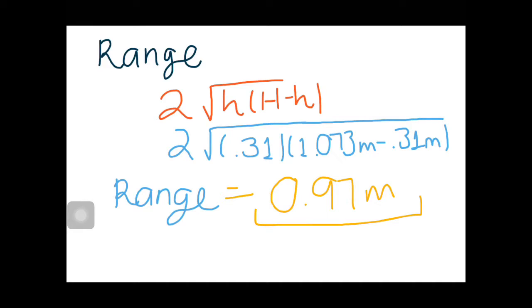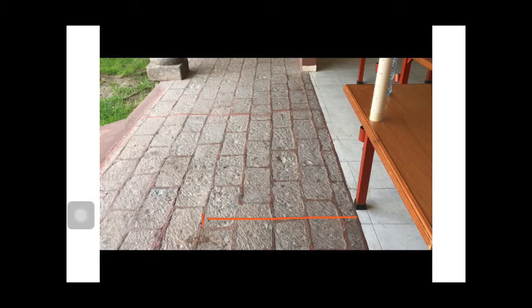Moving on to get the theory range, we derived this formula with the velocity that it takes the water to get out multiplied by the time, and the formula gets like this. It's 2 square root of the small h multiplied by the difference of the two h, the capital one and the small one, and we get our theory range of 0.97 meters.